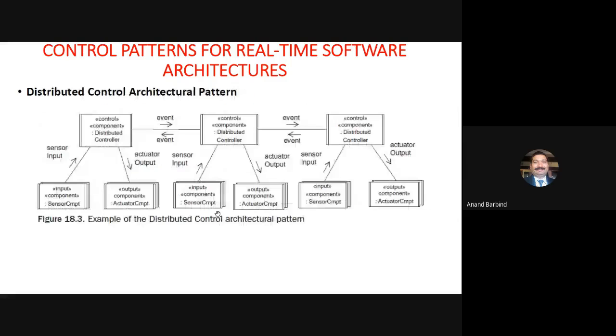Okay, so typically you can see here the distributed control architecture consists of several control components. In the case of the central component, there was a single control component, whereas here there are many control components.